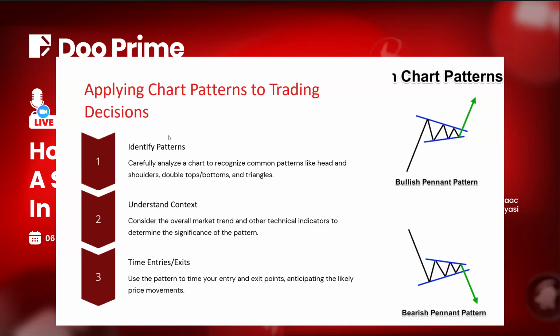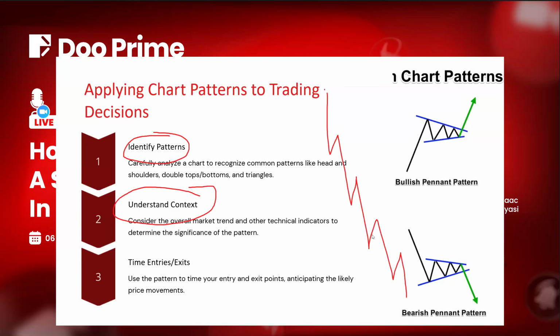So first of all, identify the patterns, understand the context. Consider the overall market trend and other technical indicators. So before I tell you guys, hey, I'm looking for a sell, I have done a lot of analysis and I have seen that the market should be selling.